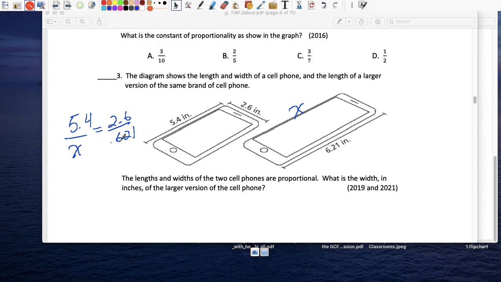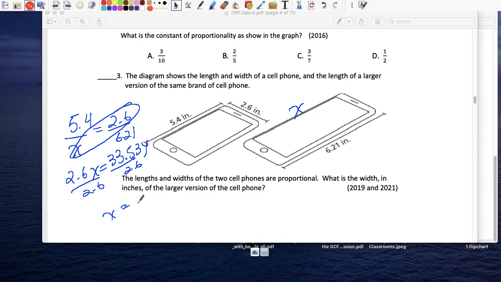So I would cross multiply here. 2.6x. If I multiply 5.4 times 6.21, I would get 33.534, and then I divide that by 2.6, x equals 12.90.